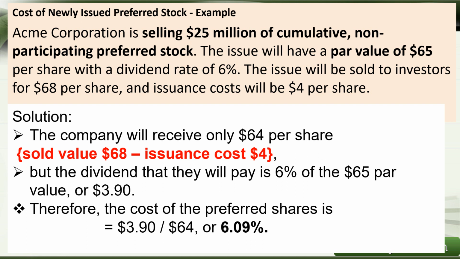Even though the dividend rate is 6%, the actual cost of that dividend is 6.09%. Why is it so? Because the issuance cost is $4 per share. Though they are selling at a premium over $65, which is only $3 more, net there is a $1 loss to the par value. So that is also something you have to see.